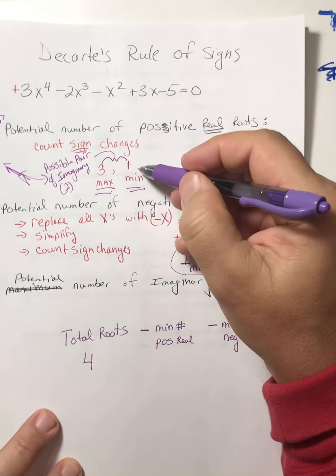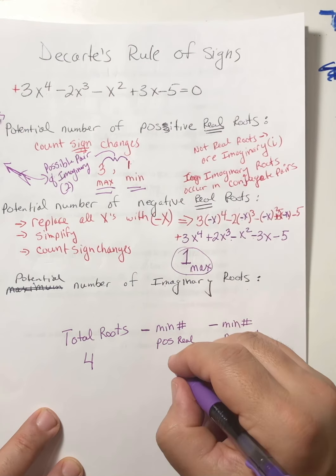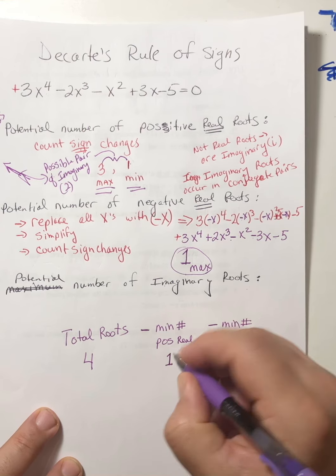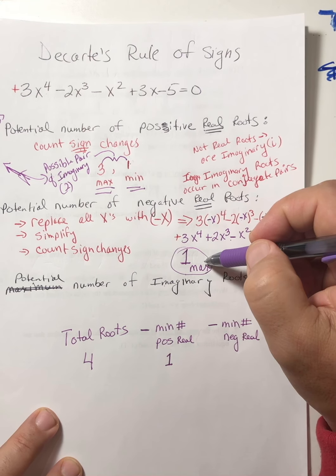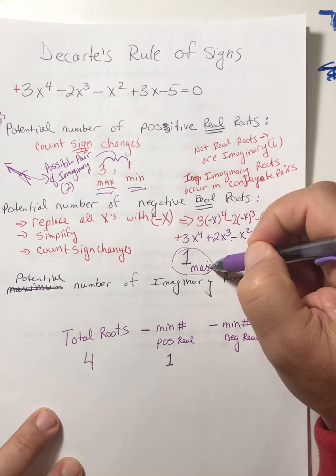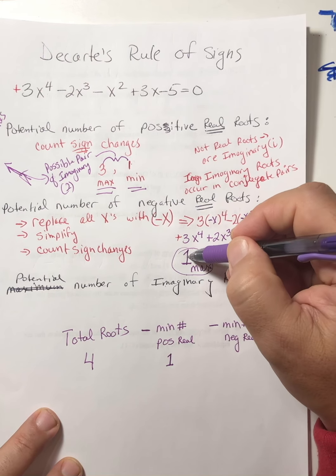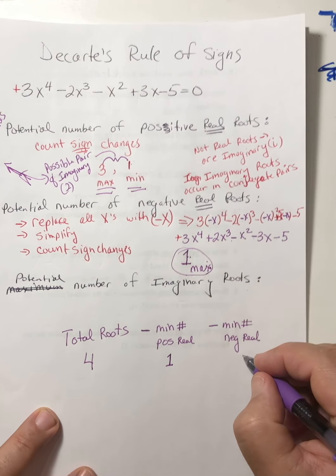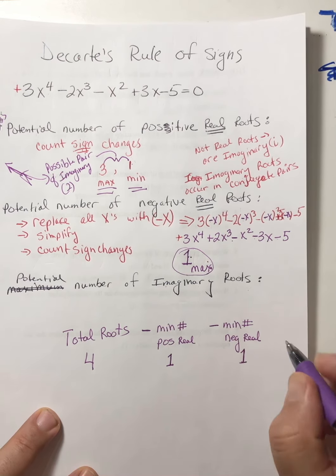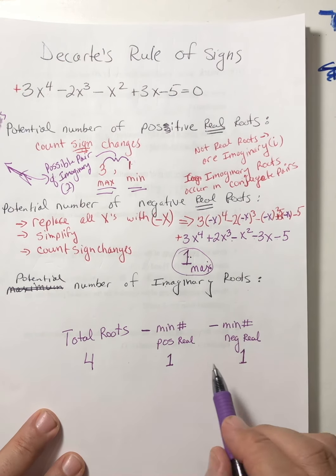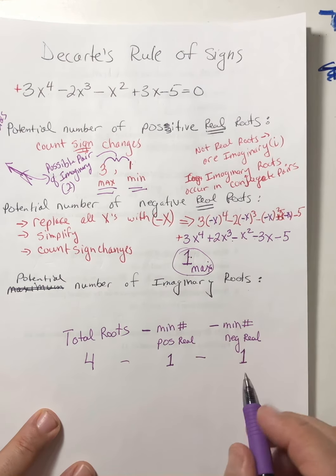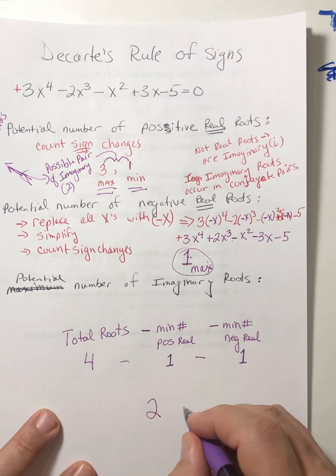So the minimum number of positive reals was 1, and the minimum number of negative reals, I know it says max, but it's 1, so that's the maximum and the minimum is 1. And so 4 minus 1 minus 1, we have a total of 2 imaginary roots.